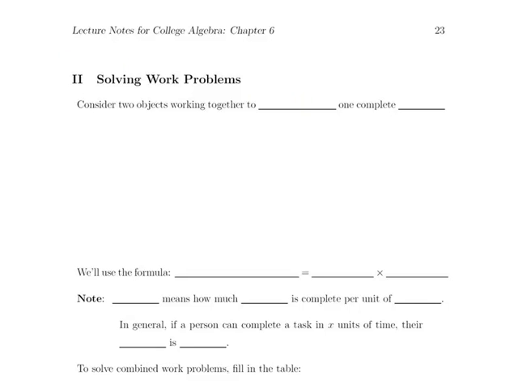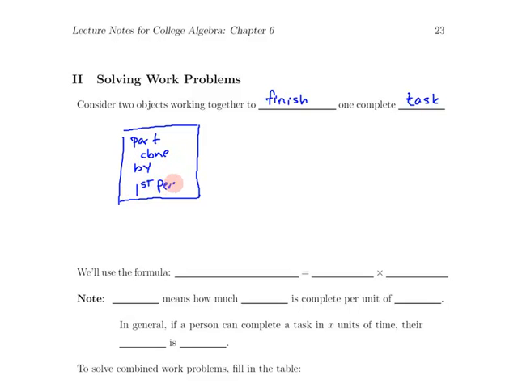So consider two objects working together to finish one complete task. Basically, think of it this way. We're going to take how much is done, that is the part done by the first person, and we can actually generalize this and start talking about objects too, like two printers working together to print a batch of brochures or something.